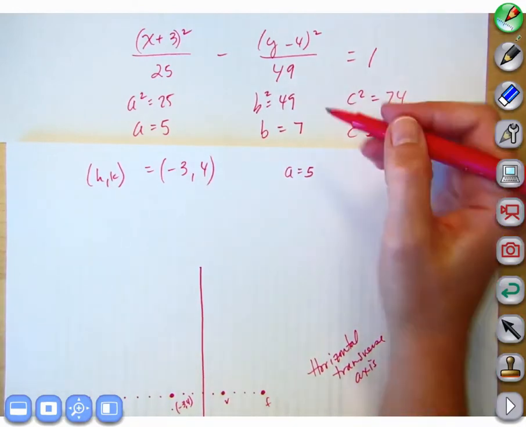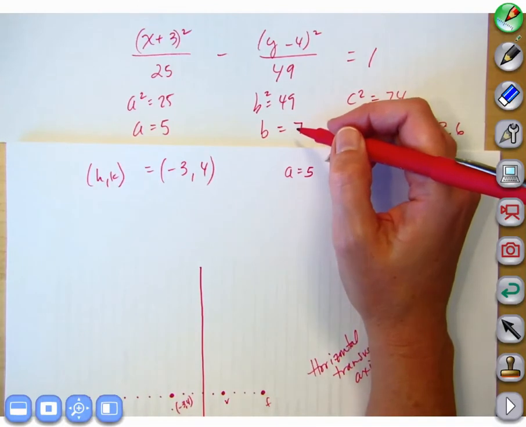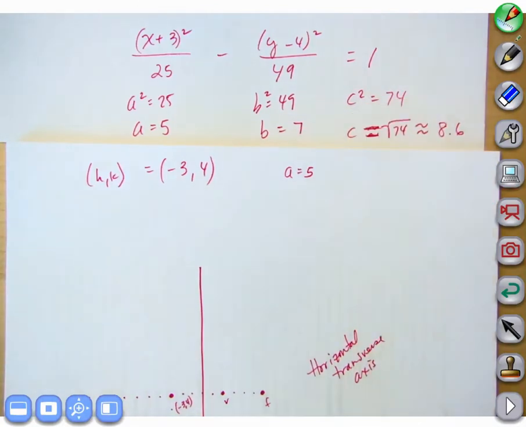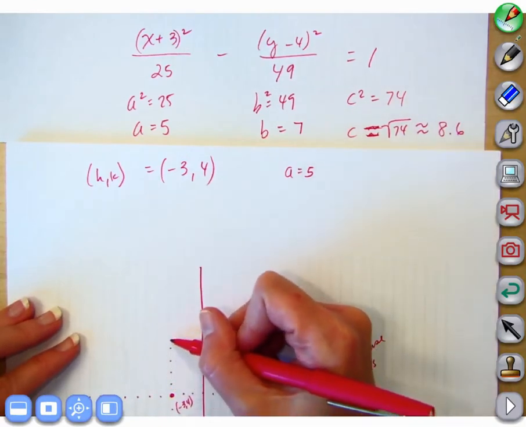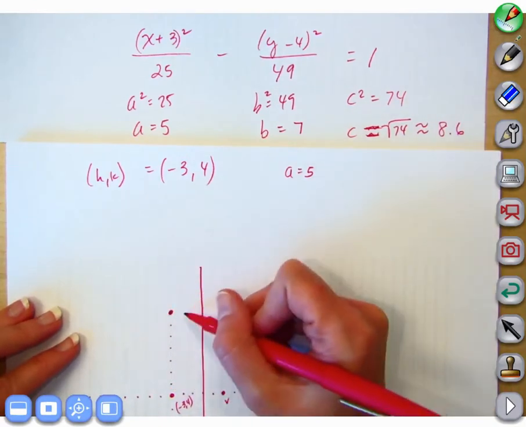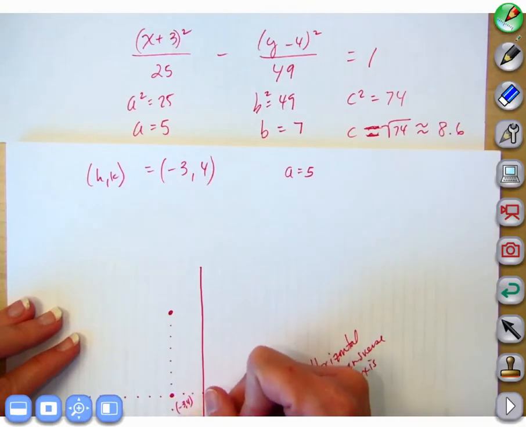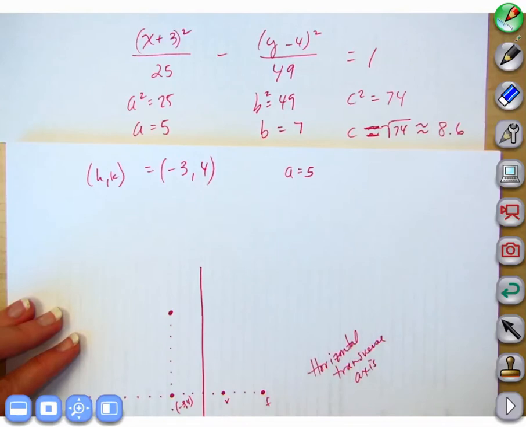Now, let's use the B, because remember, 2 times B is the total length of the conjugate axis. And this will allow us to draw the box, if you want to draw the box. So, up 7, 1, 2, 3, 4, 5, 6, 7. That's the top of the box. Down 7, that's the bottom of the box.